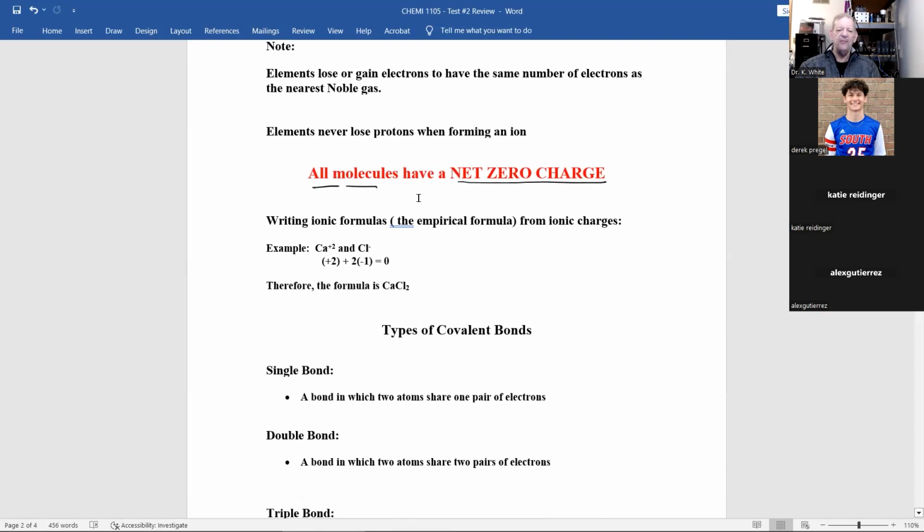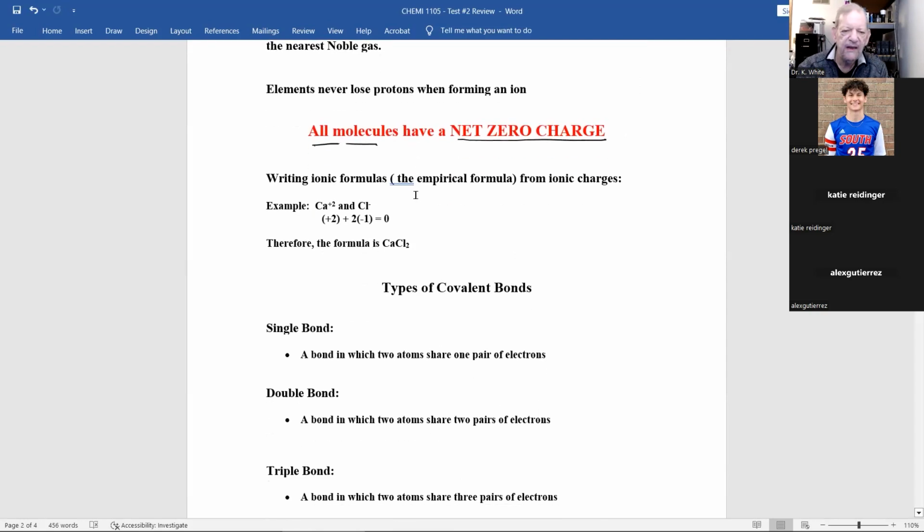So when we're talking about writing ionic formulas, which is also called the empirical formula, based on charges of different ions, if I ask you to write the empirical formula for a molecule containing calcium +2, chloride -1, well, you have a +2 and a -1.